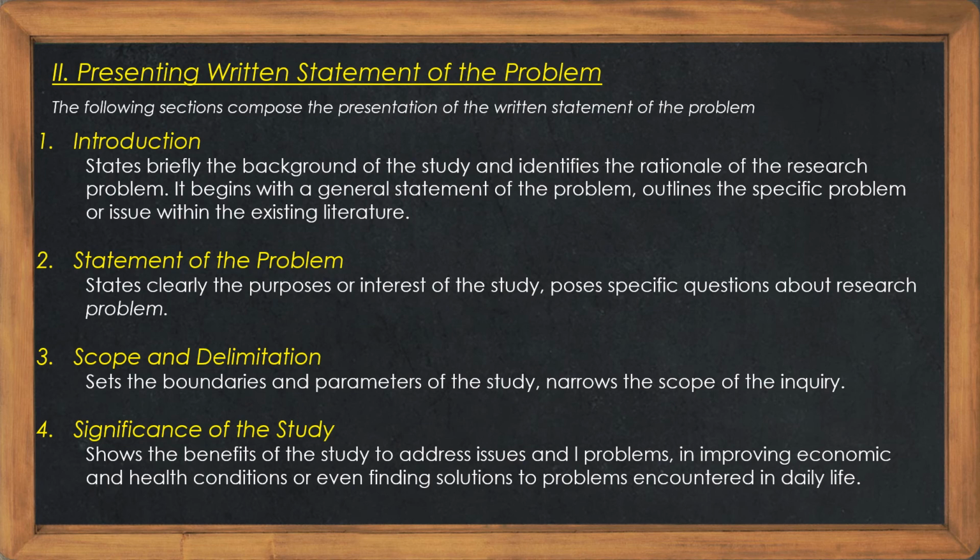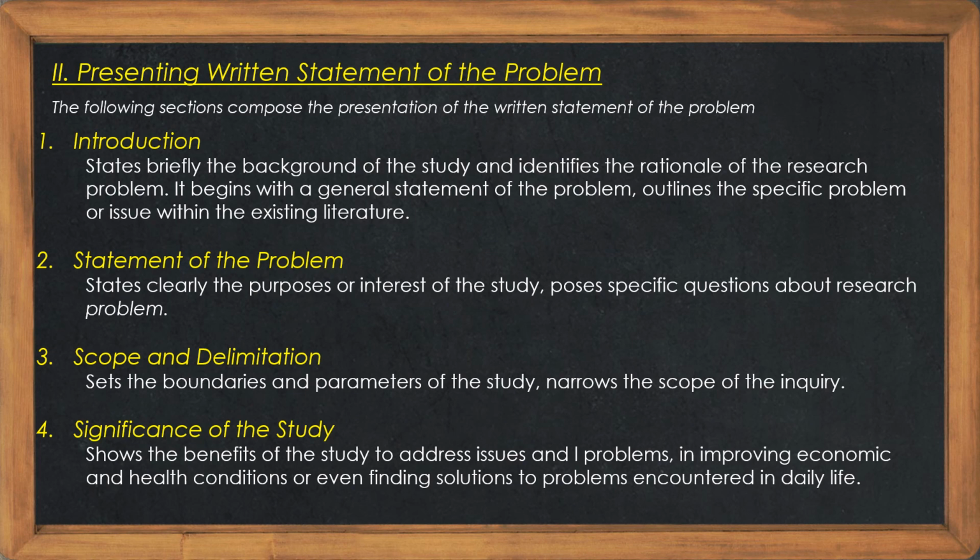It begins with a general statement of the problem and outlines the specific problem or issue within the existing literature. So you need to read a lot of related literature based on your target title. For the statement of the problem, state clearly the purpose or interest of the study and pose specific questions about the research problem.